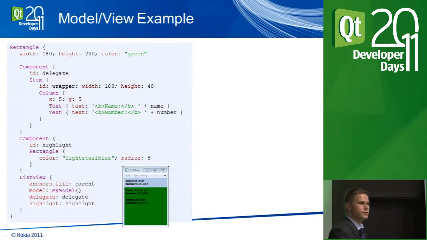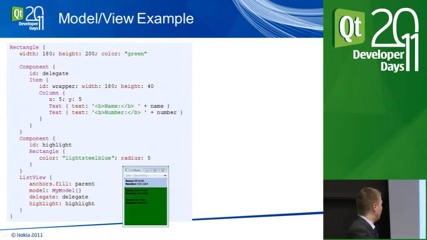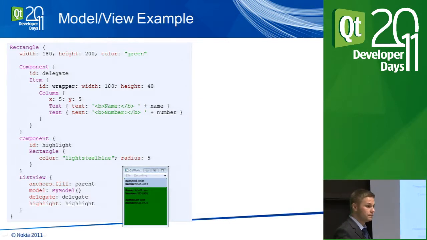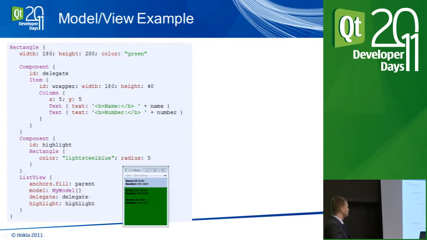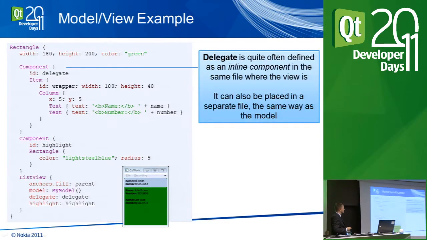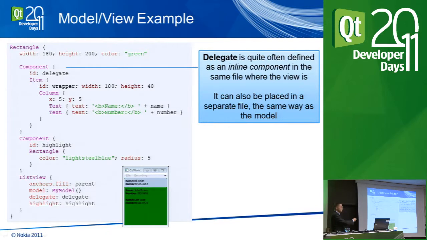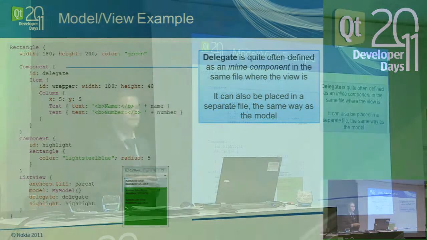And that's something that's important to realize when you are playing with these list views. One hint is that quite often, a delegate is something relatively simple that can be defined as an inline element, especially if it's something that you don't want to share with other lists.